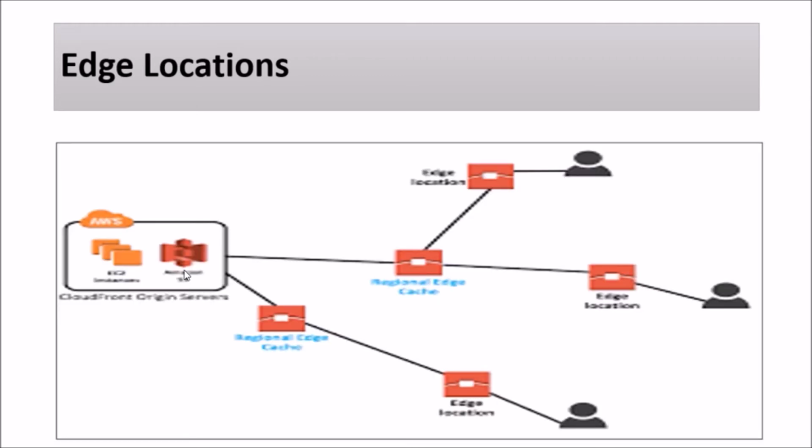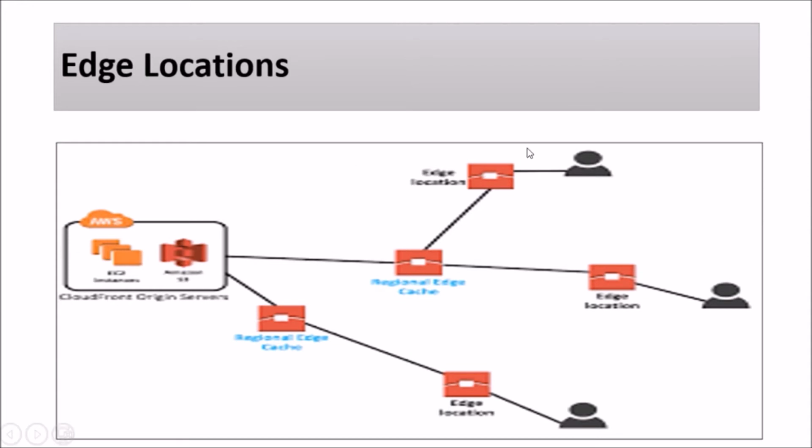One more thing, as we are discussing AWS infrastructure, we must talk about edge locations, which are the content delivery network service of AWS, also known as CloudFront. It is also a part of AWS Global Infrastructure, and we will discuss this service in detail in later videos. But just to give you an overview, suppose we keep our application or data here, which is also known as the origin server.